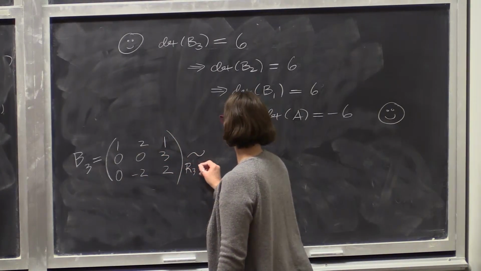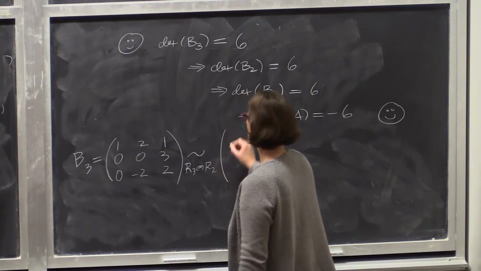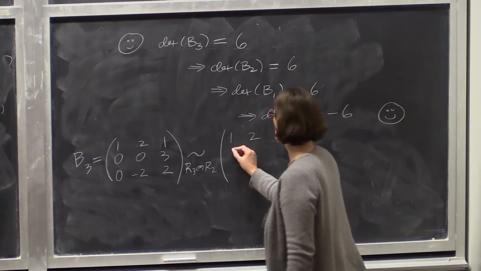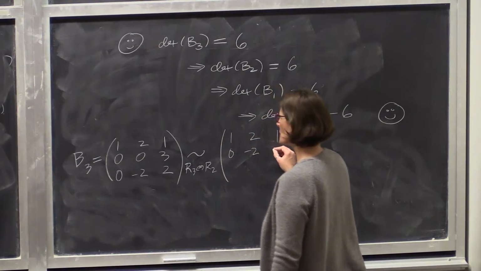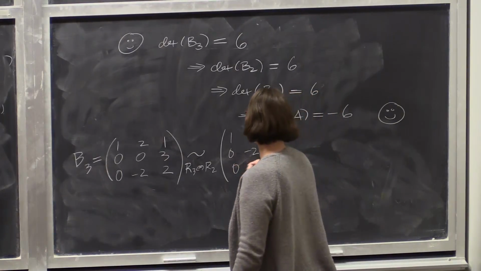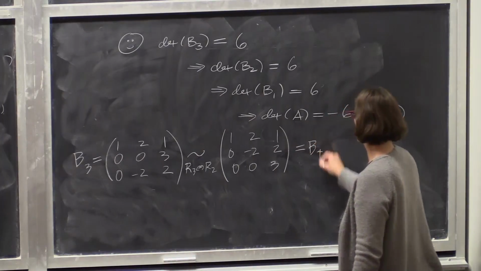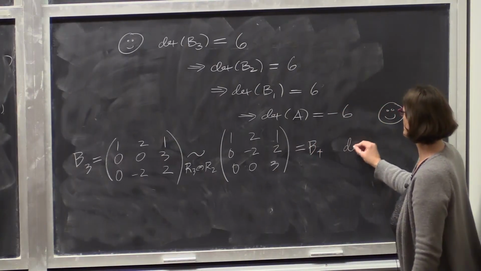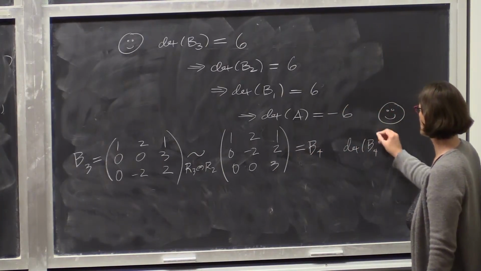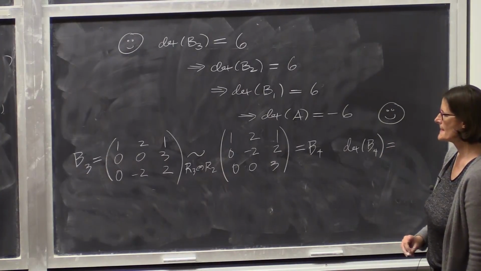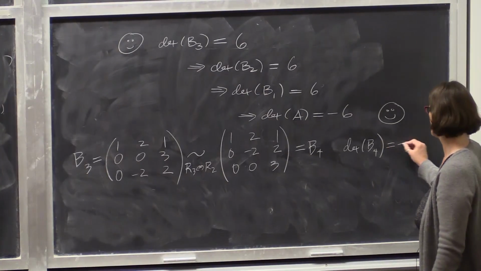Row 3 and row 2 are swapped. And I get 1, 2, 1, 0, minus 2, 2, 0, 0, 3. This is B4. So I know that the determinant of B4 is related how to the determinant of B3? Negative.